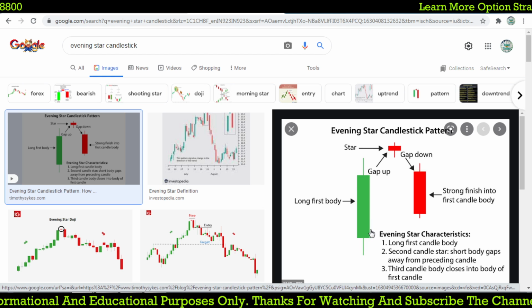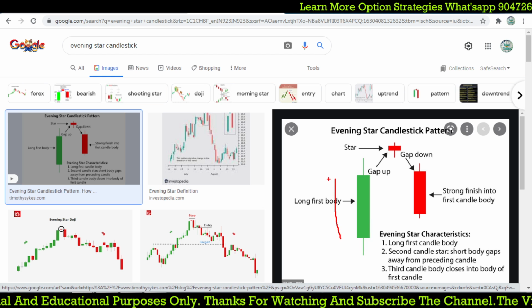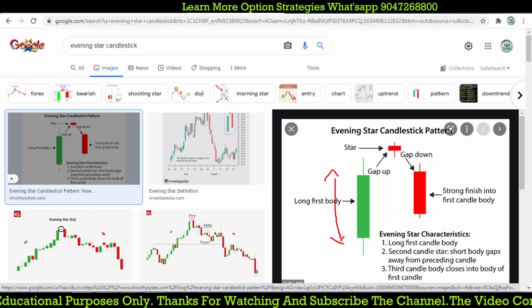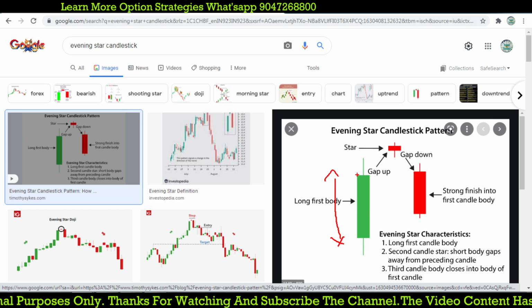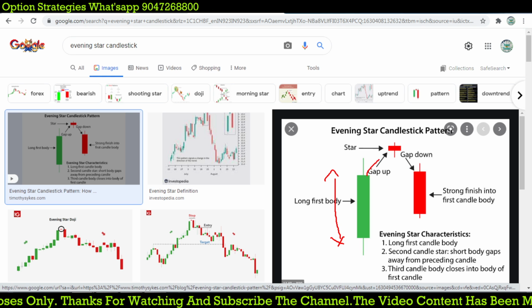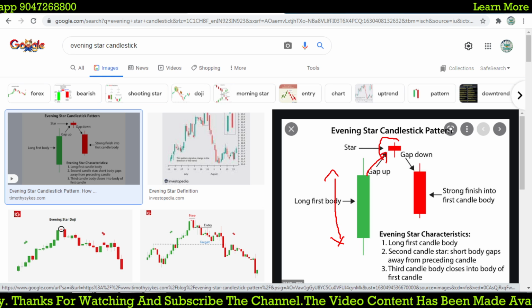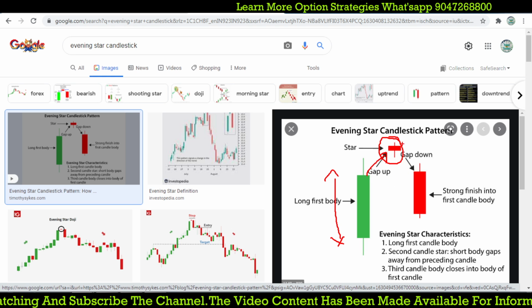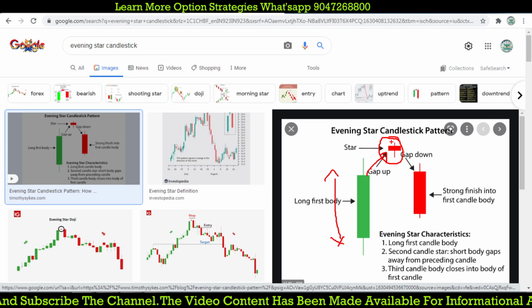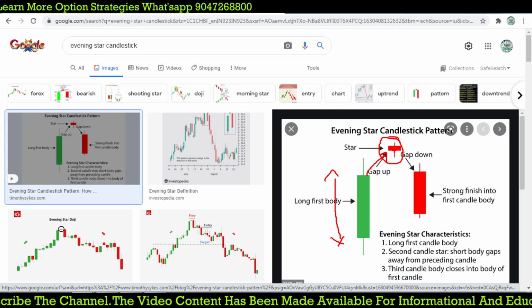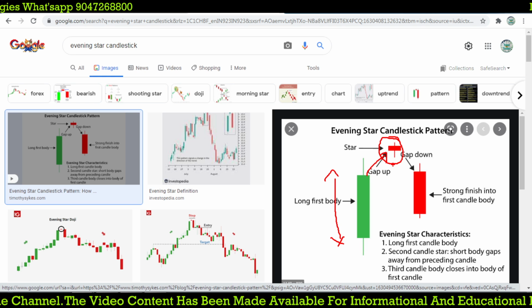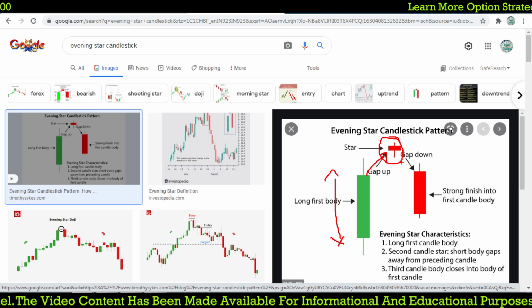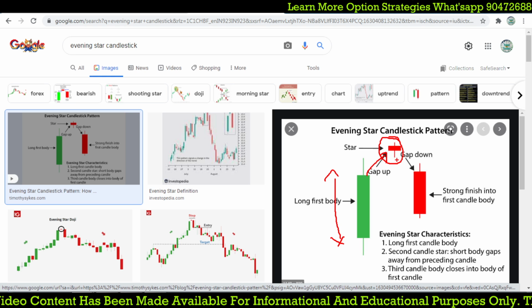So what is important in the evening star candlestick pattern? The first candle should be a green body, so the market trend is up. The next day should open with a gap up and form a doji, a spinning top, or a small candle, closing in the negative, so that should be a red candle, where the close is less than the open.